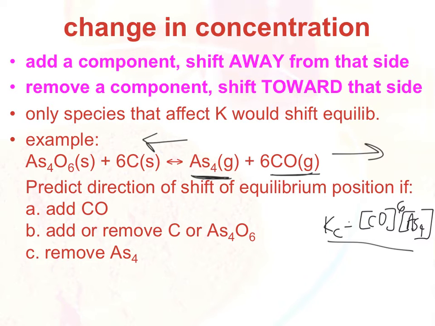If we shift towards reactants in this case, we're going to produce more As4O6 and carbon solids. If we shift towards the right, towards products, we're going to use up some of those reactants to produce additional products. So please be cognizant of the fact that just because they don't show up in the equilibrium expression doesn't mean that their amounts aren't changing.